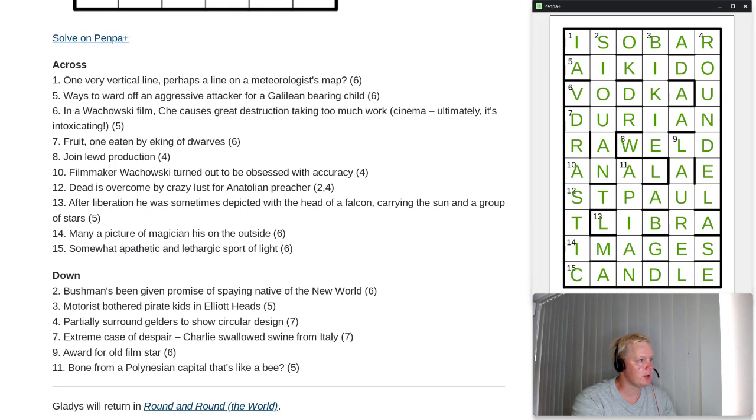One, very vertical line, perhaps a line on a meteorologist's map. We did nothing to this clue. This was just isobar. Ways to ward off an aggressive attacker for a Galilean bearing child. Again, this was a straight answer. Ino Wachowski from chair. So chair we modified. We removed this C here, the first letter of the word.